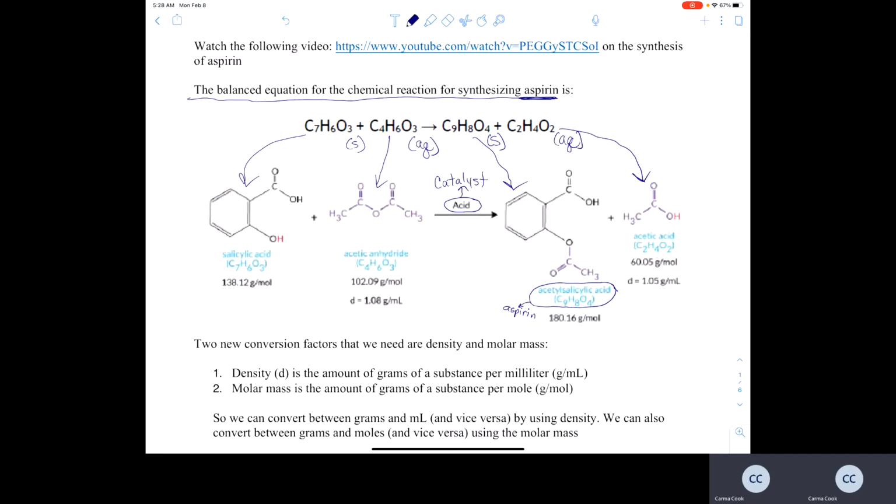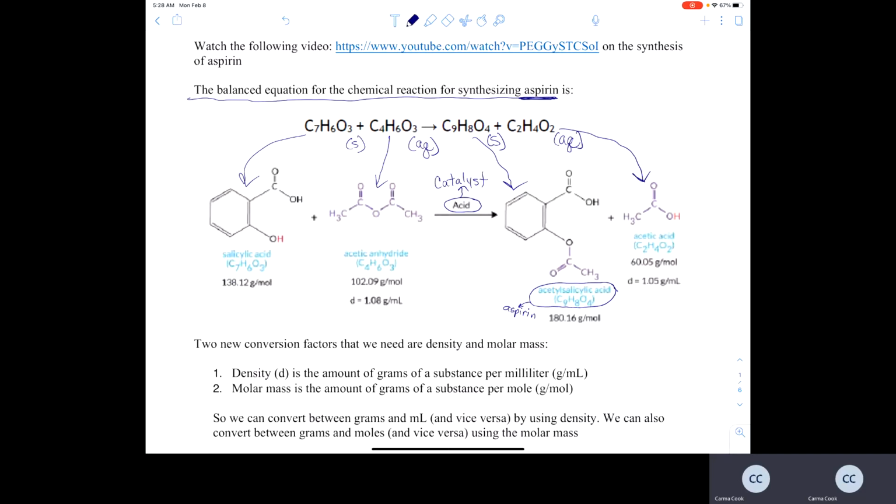Those two react with your acid catalyst being used. And for chemical reactions, if there's a catalyst involved, you actually put it on top of the arrow, because a catalyst is not a reactant because it doesn't get consumed in the reaction process.